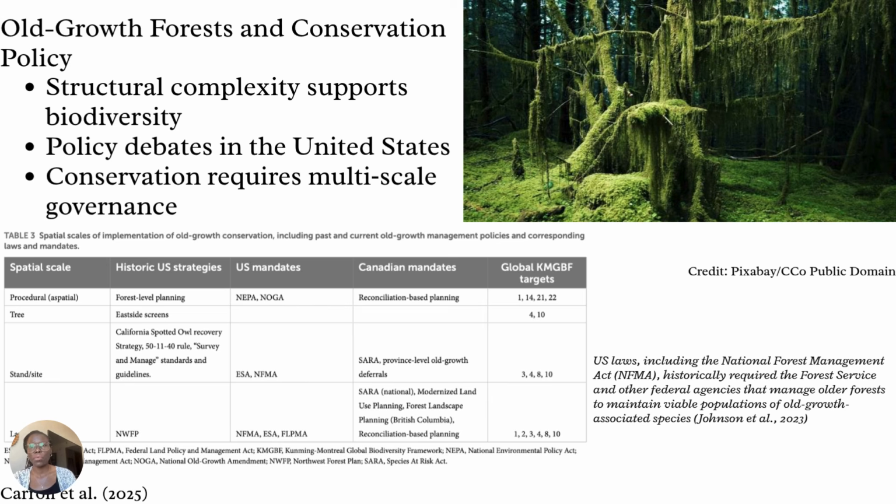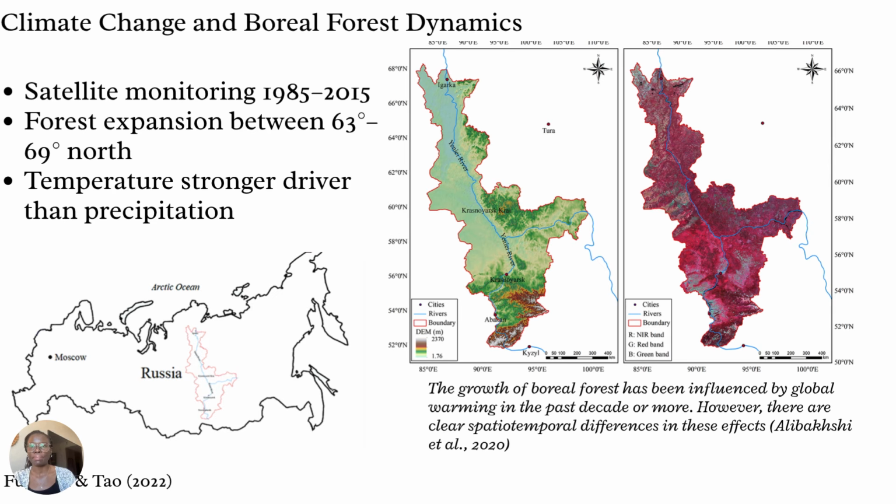The paper covers policy debates about the proposed National Old Growth Amendment, which aims to increase protection for old growth forests on federal lands. The proposal faced political challenges as priorities shifted between administrations. So, this example highlights that successful biodiversity conservation relies on steady governance as much as on scientific knowledge.